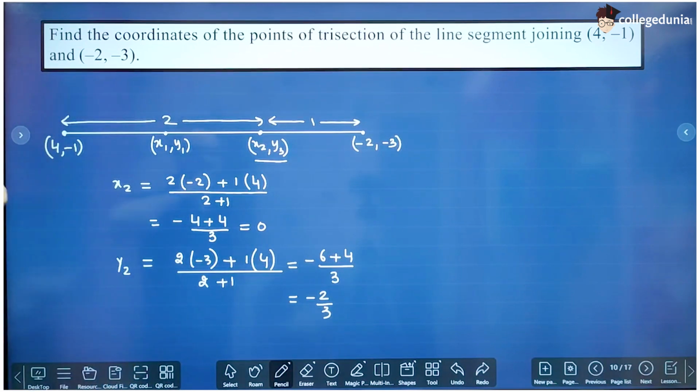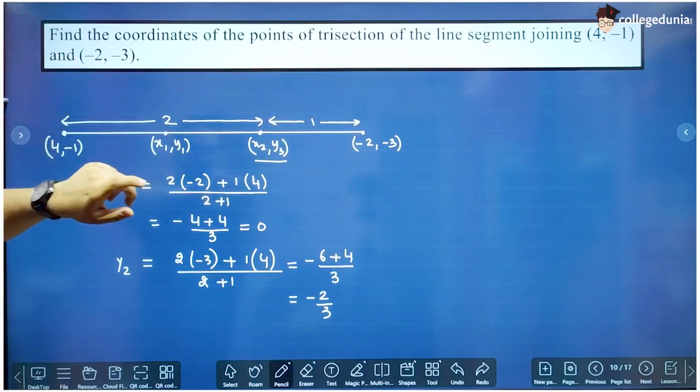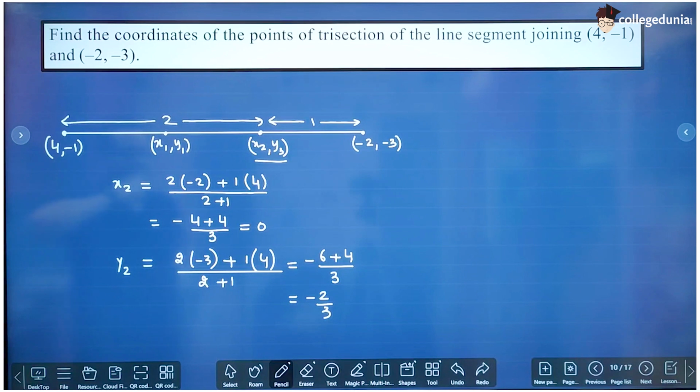Let me check it once more. 2 into minus 2 is minus 4, 1 into 1 is minus 1.